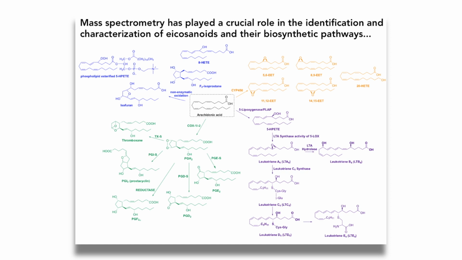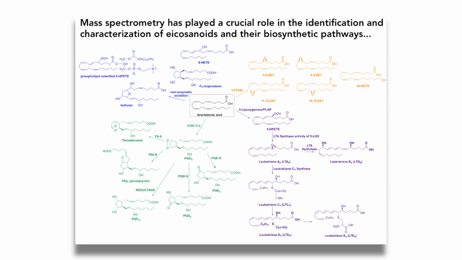If you do a literature search on eicosanoids and mass spectrometry, you can find review articles on using mass spectrometry in this way as early as 1975. So mass spec has been used to look at these compounds since the 1960s and has played a crucial role in their structural elucidation, as well as determining at what levels these compounds are generated in vivo.